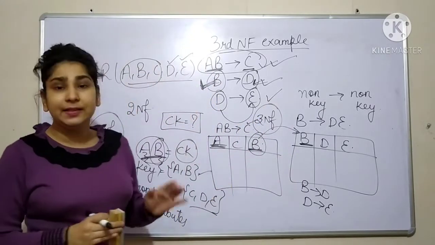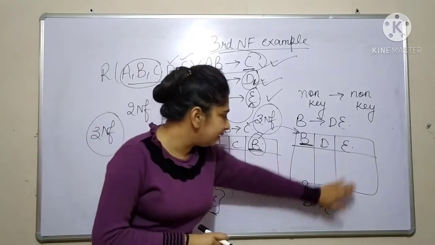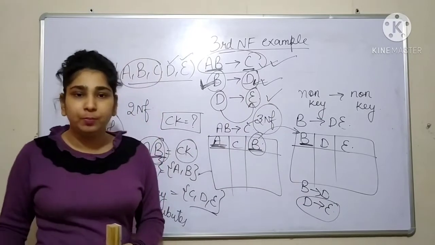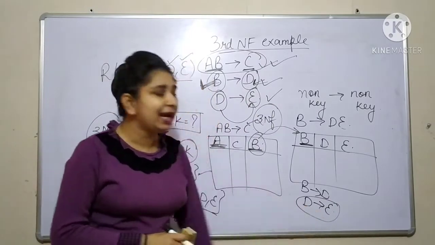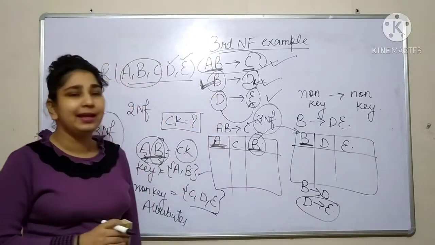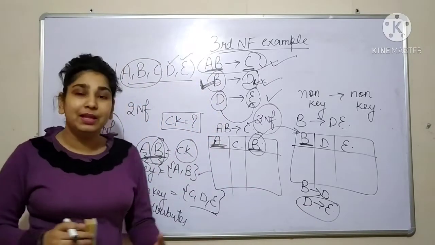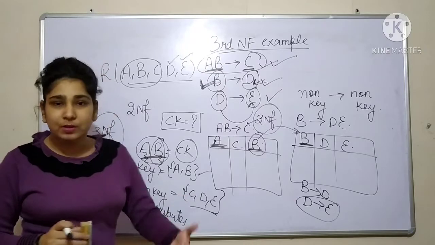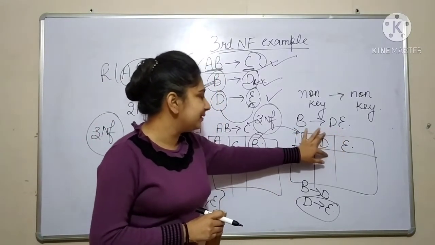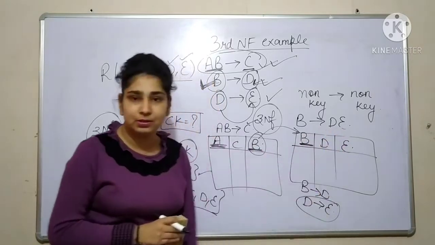Okay, but if you look at this relation, your D attribute and E attribute both are non-key attributes. So there is definitely a possibility that there might be redundancy present between these two attributes.